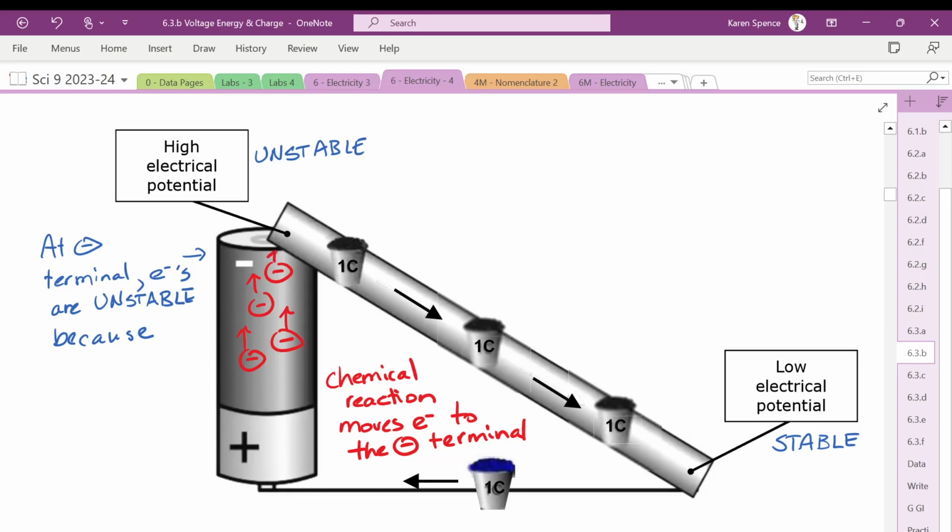So at the top of the battery, there is a high concentration of electrons.